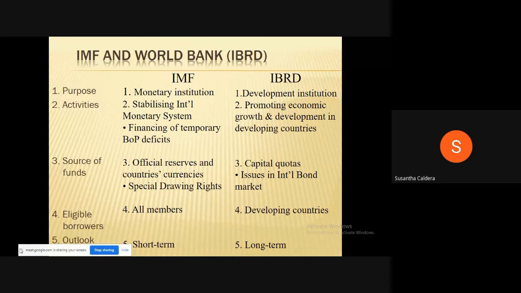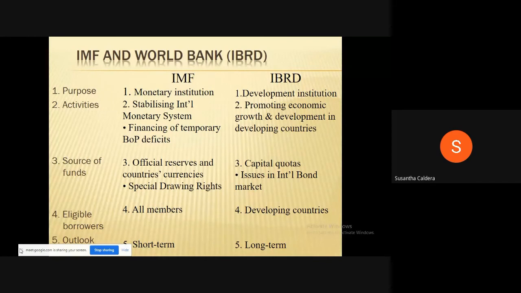Then activities: stabilizing the international monetary system, financing of temporary balance of payment deficits; IBRD promoting economic growth and development in developing countries. Right? Source of funds, eligible borrowers: IMF, all members.